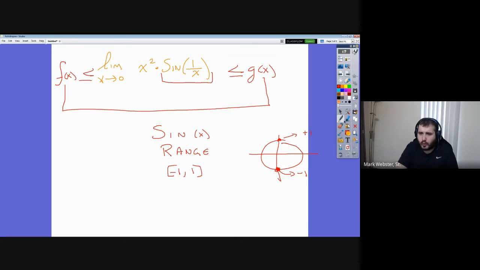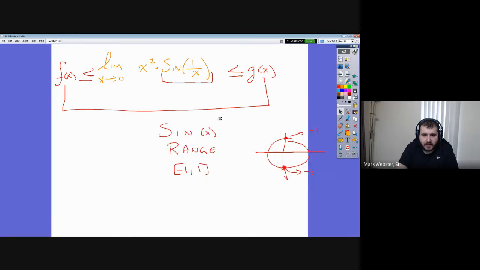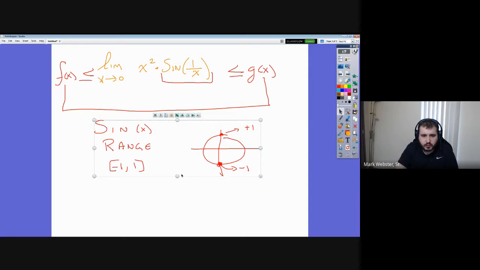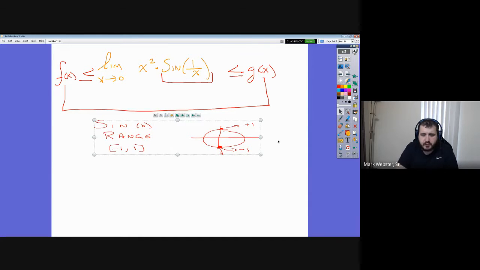So what does that mean? Who cares? Well, we do. And the reason we care is because since we know this fact, let me scooch this up a little bit. Since we know this fact, we know that this function, regardless of what x is, this part, the biggest this can get is 1, right?